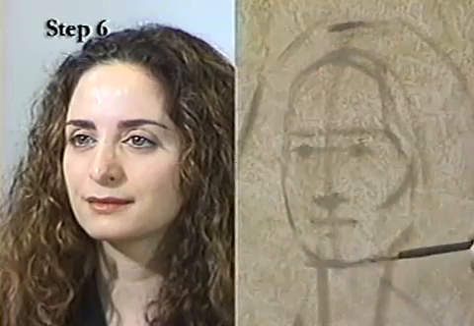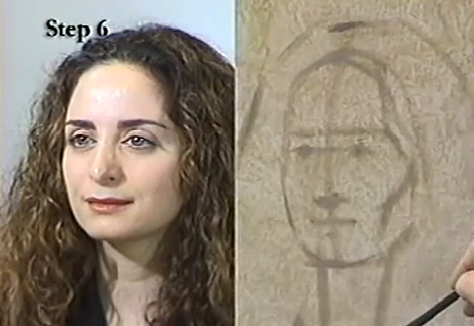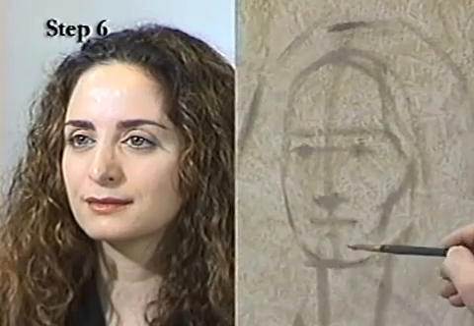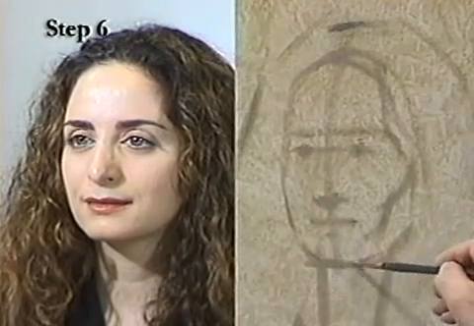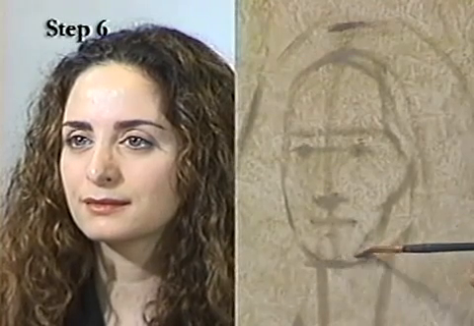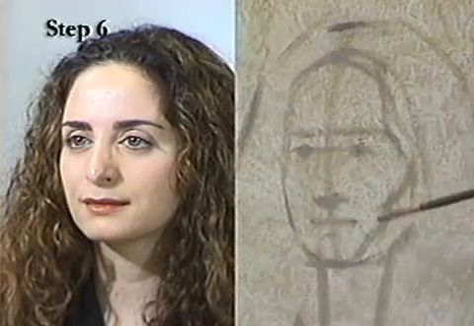Then coming down the side of the face, the division between the light and the shade takes on the shape of several curves, which curves down and around the chin, more or less like that.